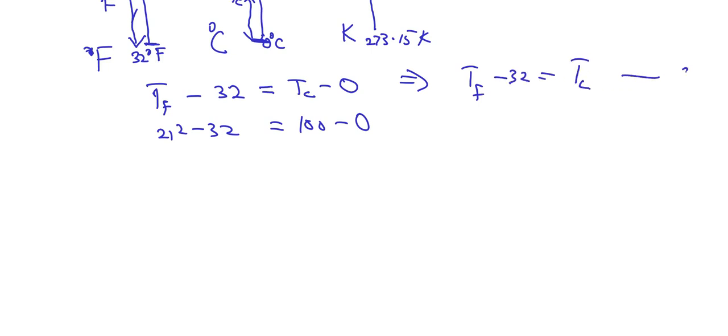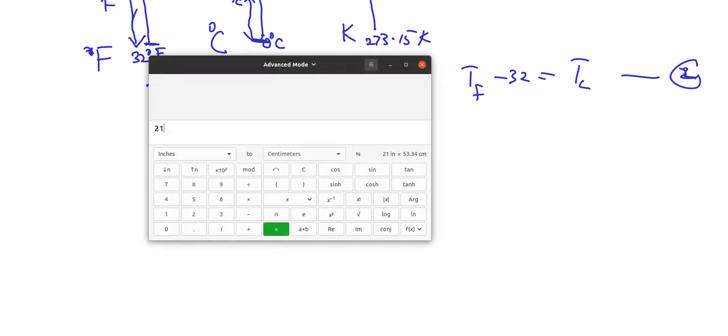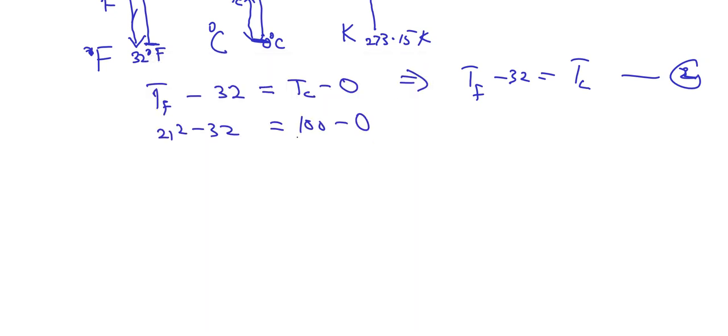Let's call it equation 2. Then in this case, 212 minus 32 is 180, equals 100. Let's call this equation 3.